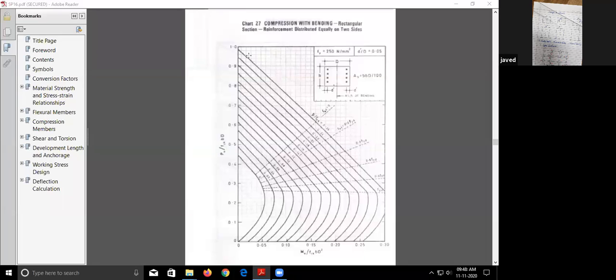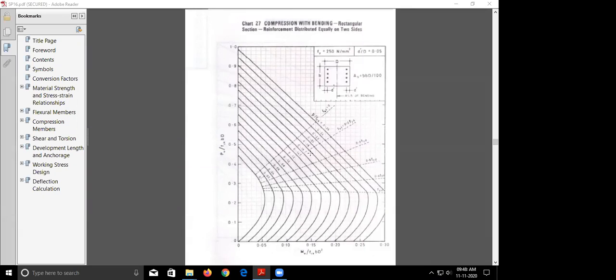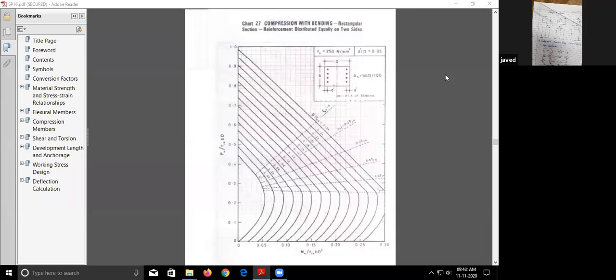Use M20 and Fe415 steel. So that is the question. I hope the question is clear to everyone. Yes, sir. Okay, so now I'll just stop my screen sharing. Please keep a soft copy of the chart ready with you.